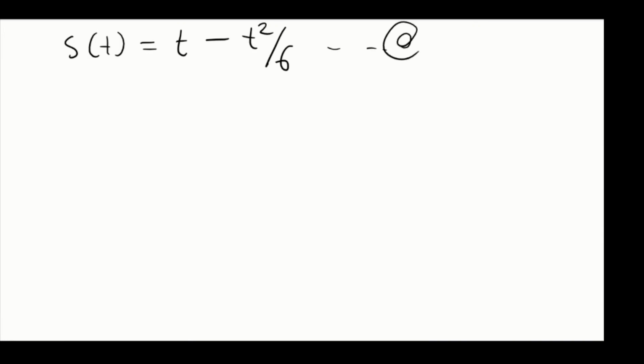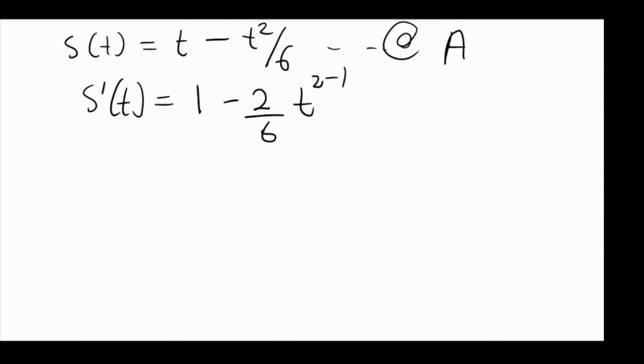So this defines the position of the bus at A, and we want to know if it will arrive at B. To do that, we first need to find the derivative of this position, which is going to be 1 minus, we drop the 2, 2/6 t^(2-1).